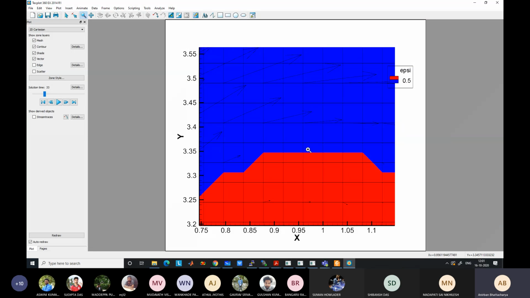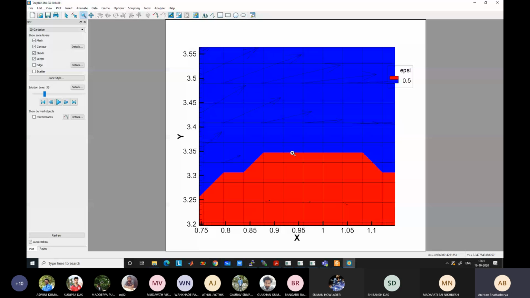Outside there is a different liquid, inside there is a different liquid. You cannot capture that. Only thing you know is that for this control volume, the fraction of this red liquid is 0.5. Beyond that you don't know. So it is represented by a single point, and at the single point the value is 0.5.